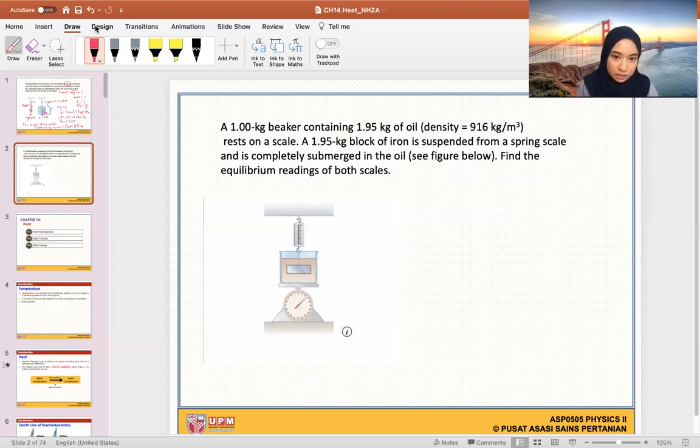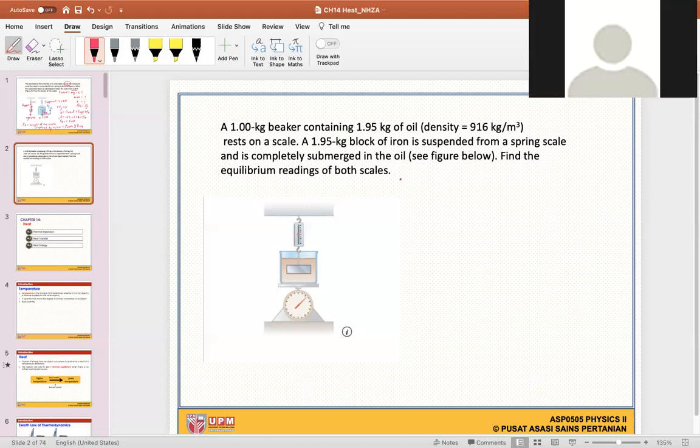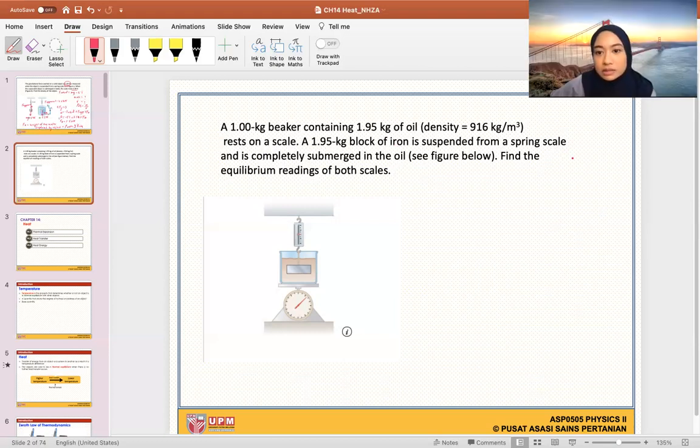So let's start with the top scale. Okay, so a 1.95 kilogram block of iron is suspended. The F actual here is 1.95 times 9.81, which will give you, I haven't calculated yet. What is the top scale detecting? It is detecting mg.